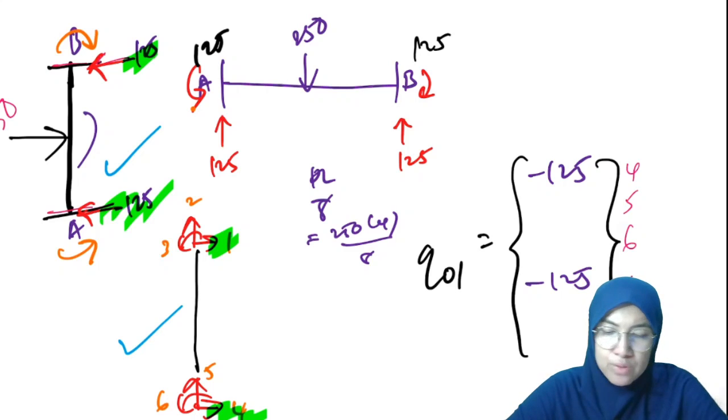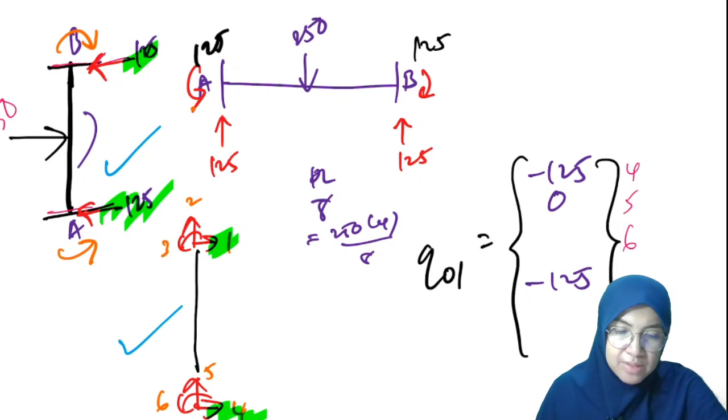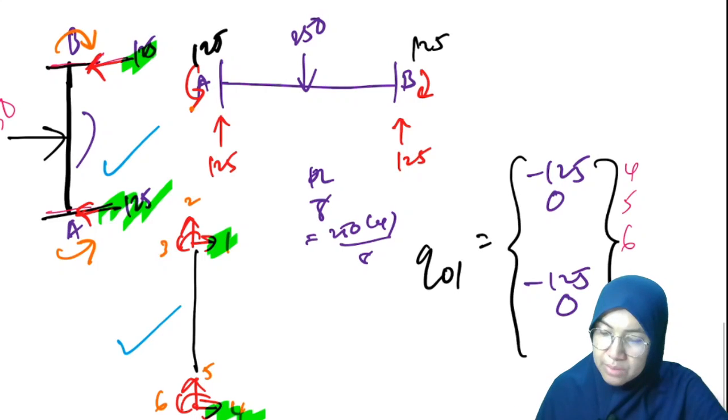Let's look at position number 5. The value is 0. Position 2 is also 0.